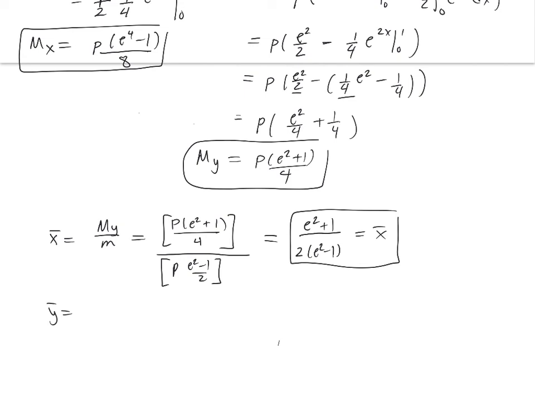All right, so y bar. Y bar is mx over m, which is, okay, so mx was rho times e to the fourth minus 1 over 8, divided by rho times e squared minus 1 over 2, right?